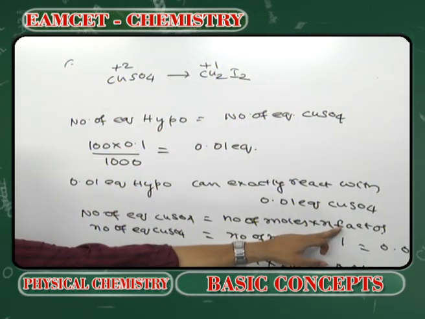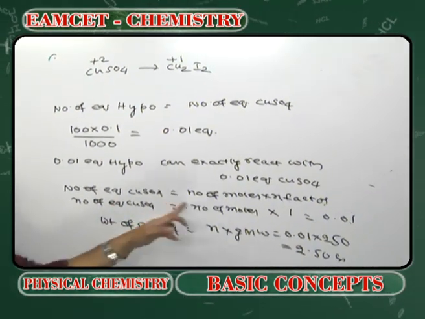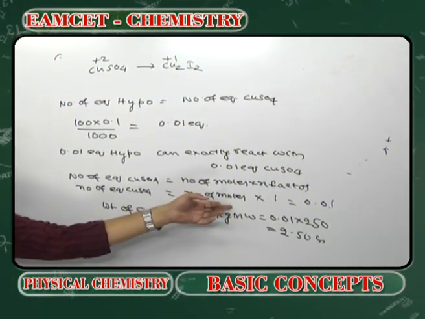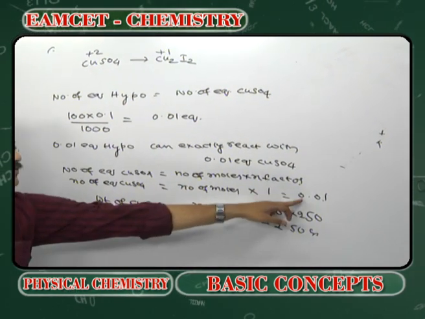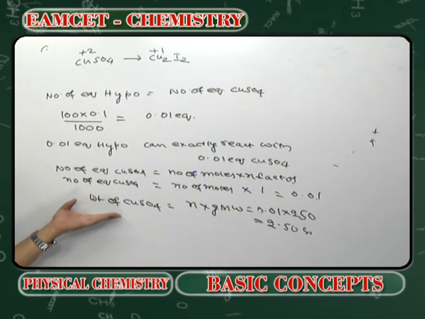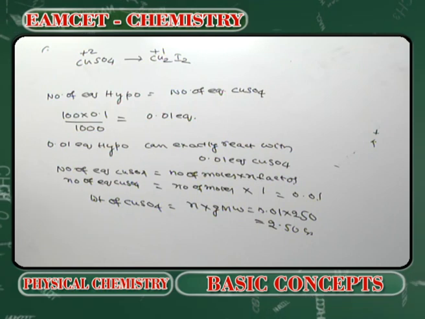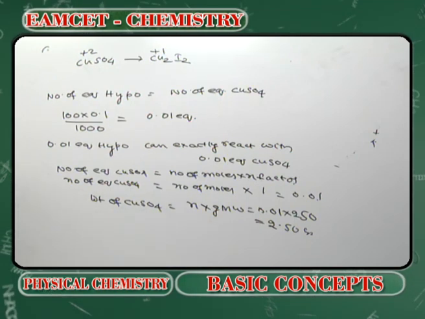That is why its n factor is 1. So number of equivalents of the copper sulfate must be equal to number of moles, which is 0.01. How to get the mass of the copper sulfate? Number of moles into gram molecular weight, which must be 2.5 grams. Option is 3.